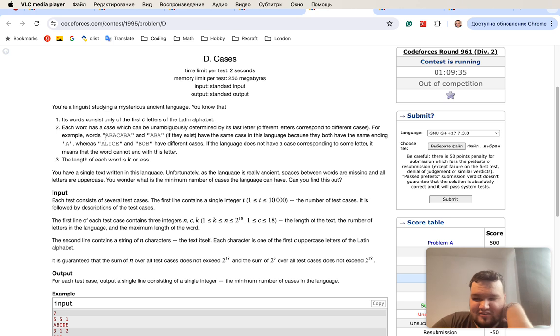Okay, so there is something that is called a case, which is determined by the last letter of the word. So if two words have the same last letter, then they have the same case. And if they have different last letters, they have different cases. If the language does not have a case corresponding to some letter, it means that the word cannot end with this letter.